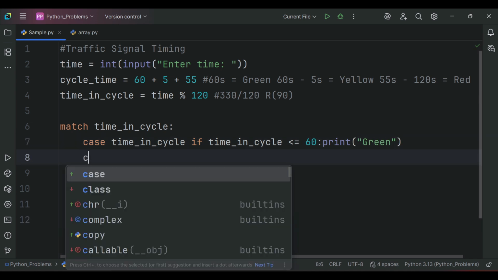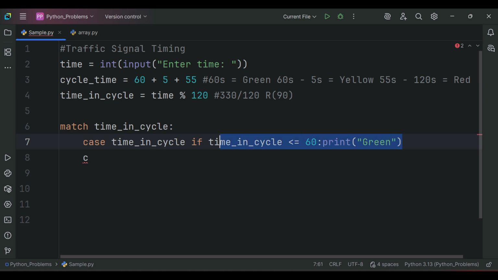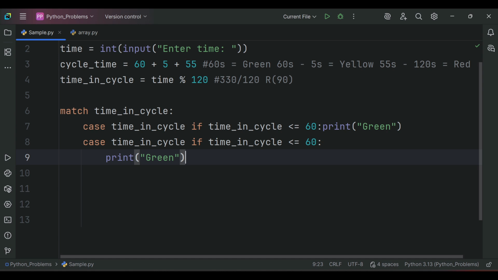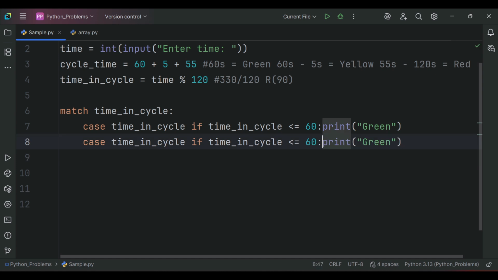Suppose the timing is between 60 to 65, at that time it's yellow.